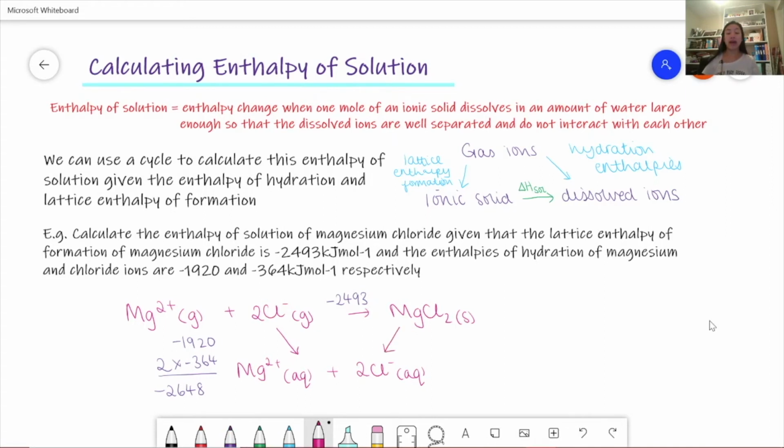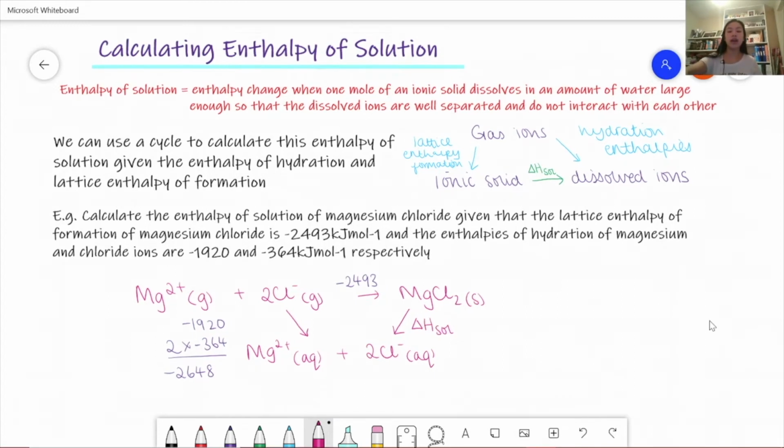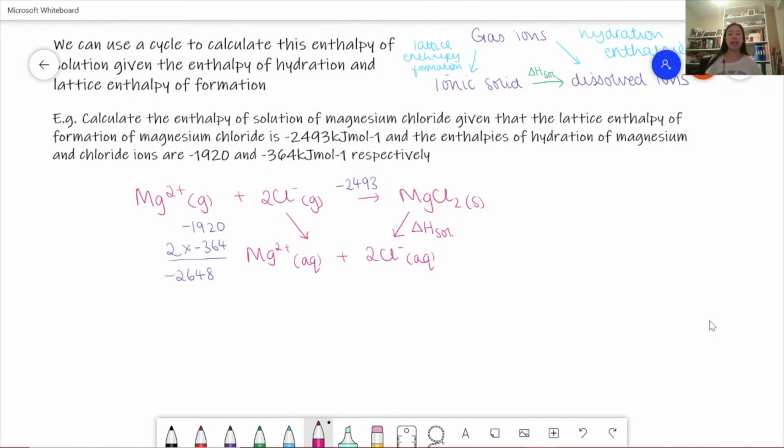And so now we can find this when we dissolve this solid ionic compound into its aqueous ions. And this is what we're trying to find. This is the delta H of solution. And so now we can use Hess's law idea. So if we start here and we end here, then the 2 routes should have the same enthalpy.